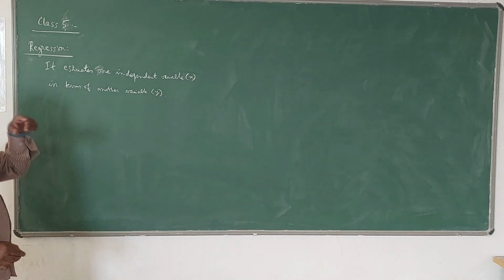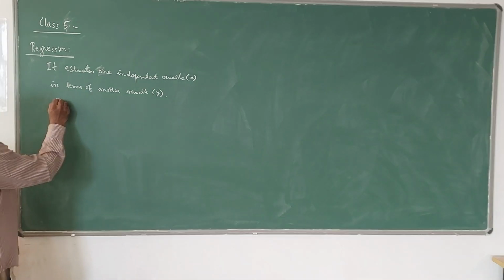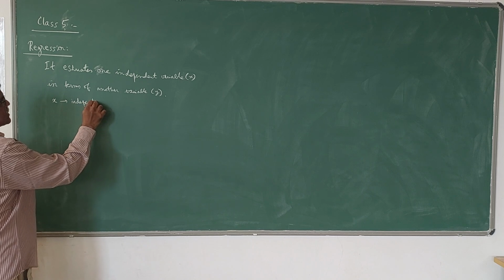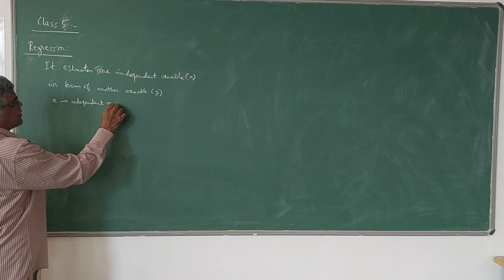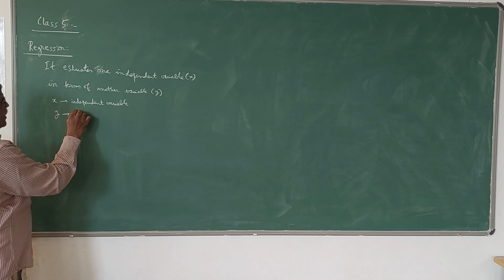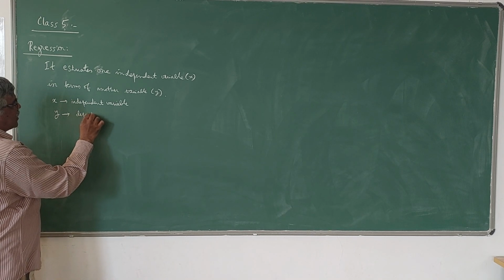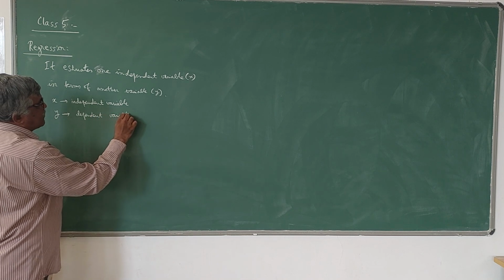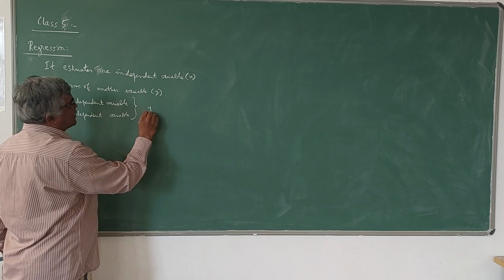So suppose I take x as an independent variable and y depends on x. x is the independent variable, y is the dependent variable, it depends on x. That means y is equal to some function of x.